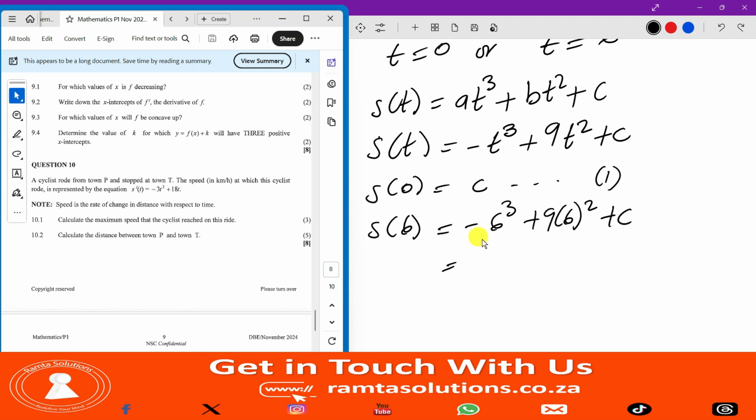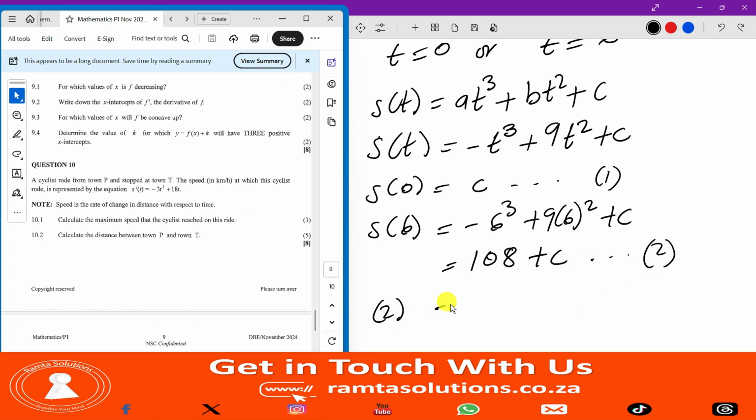What do we get? 6 cubed will be 216, so minus 216 plus 9 times 36, which is 324, so it's 108 plus c. So this is equation 2.